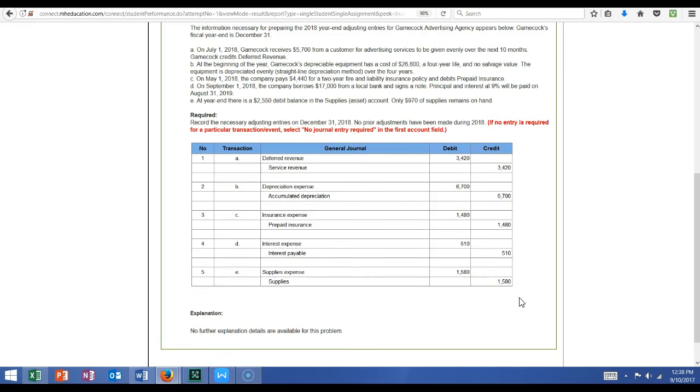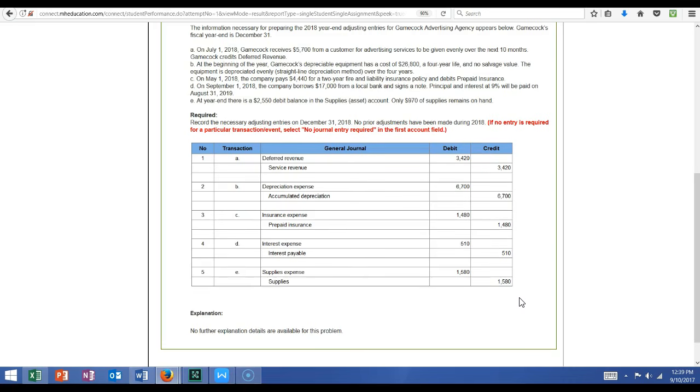This interest did in fact occur in this year, so we want to record it appropriately and show that the interest for this year is accurately stated. If we didn't do that, then our interest the next year is going to be overstated, which basically means we would show less net income the next year and more income this year because we didn't accurately show an expense.